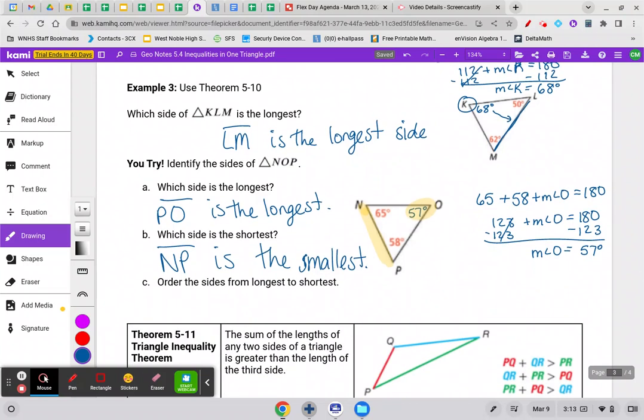So now if we put them in biggest to smallest based on the segments, not on the angles, our biggest segment is PO. Our medium segment is across from the medium angle, NO. And our smallest is NP. So biggest to smallest here: PO, NO, and then our smallest is NP.